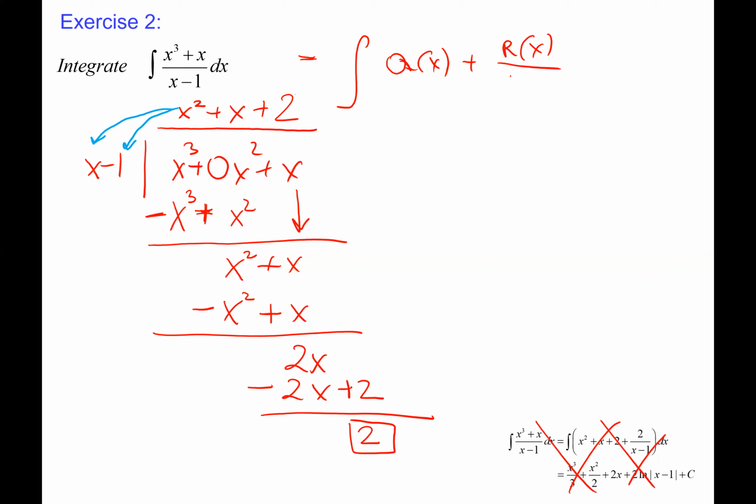Okay, I can call it just maybe Q, but I like this as a K. Let me put K. Okay, this is K over dx.